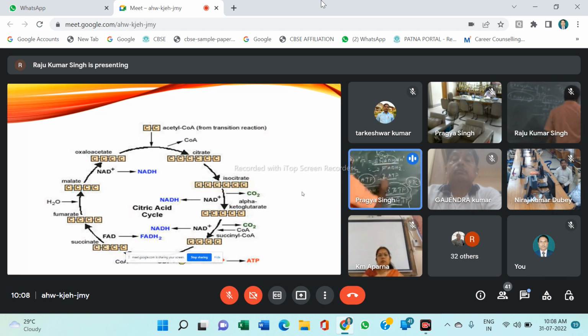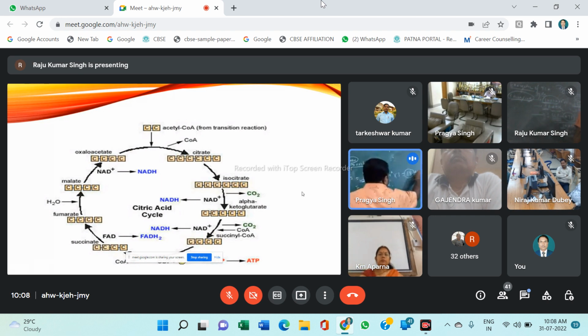So ultimately, 6 NADH was being formed, so we are getting 18 ATP. And here it is 2 FADH2, so it will be 4 ATP. And 2 direct ATP is there, so 2 ATP.